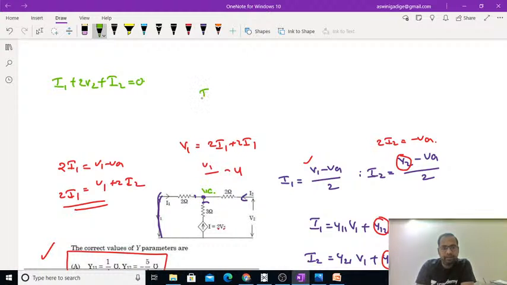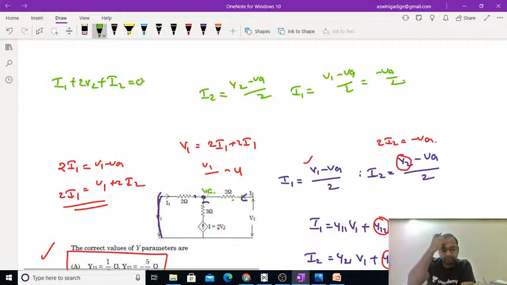If I take like that, then I can write I2 as (V2 minus VA) divided by 2. And next, I1 can be written as (V1 minus VA) by 2, and it becomes equal to minus VA by 2. That means I1 becomes minus VA by 2.